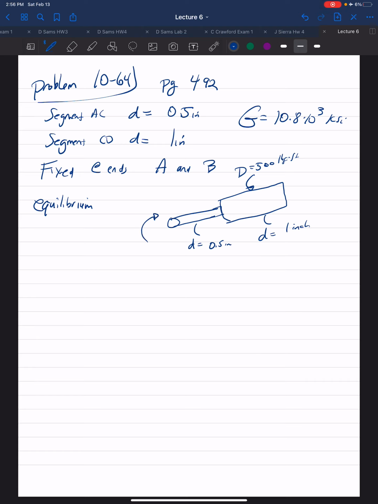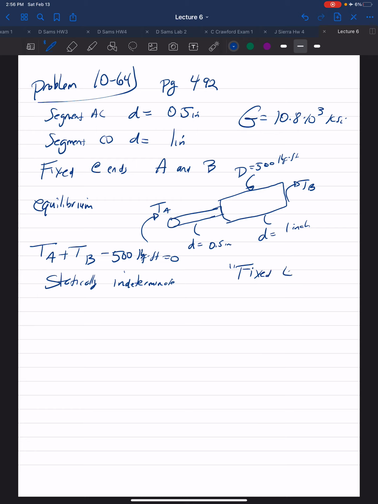So we have TA and your torque at B. So equilibrium, you have your torque at A plus your torque at B minus the applied torque of 500 pound-force feet equals 0. Well, we have two unknowns in one equation. It's statically indeterminate. Well, the problem statement said fixed ends.